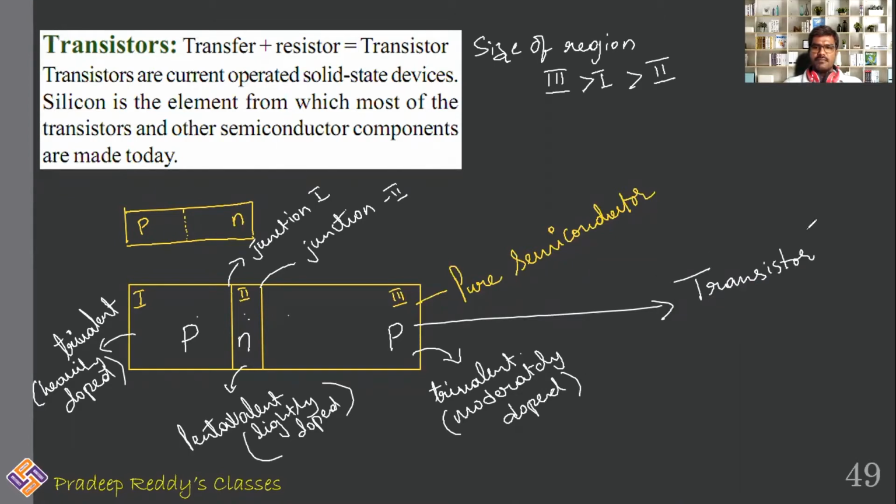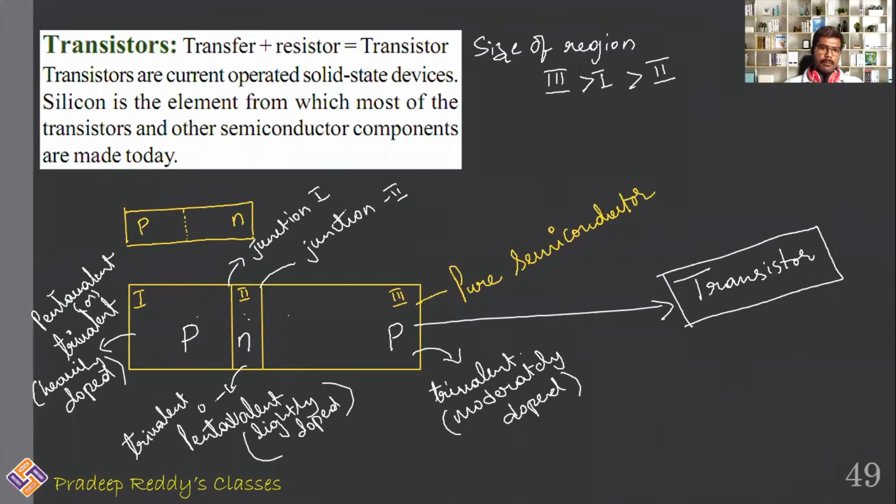This device is called a transistor, and remember that in the first region we can dope either trivalent or pentavalent impurities. The middle region you can dope with trivalent or pentavalent, and the last region also trivalent or pentavalent.